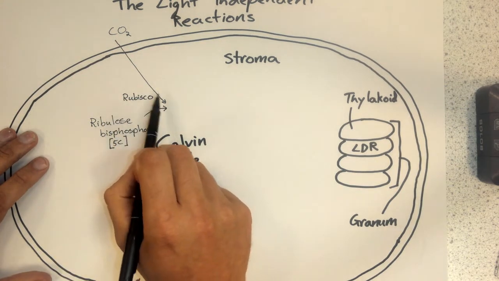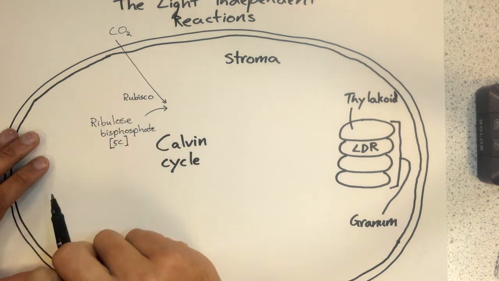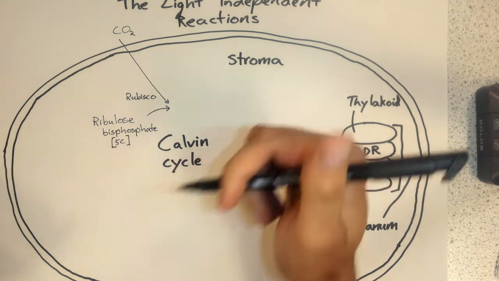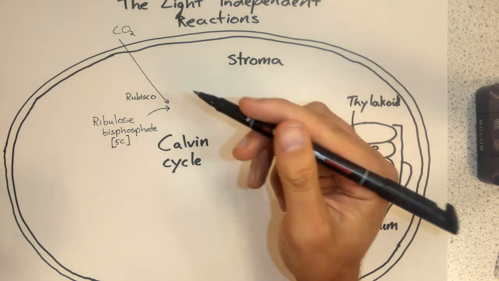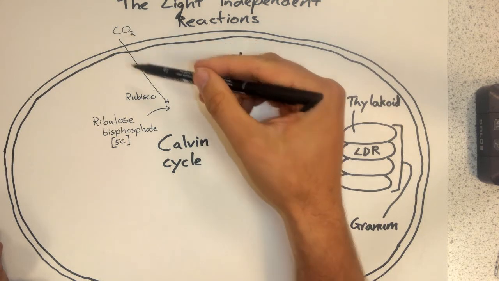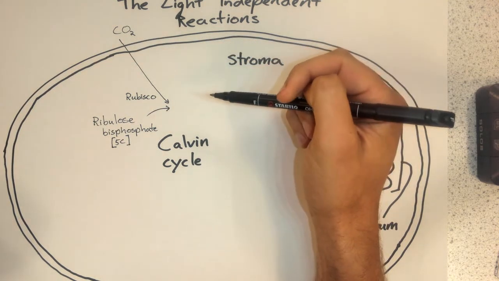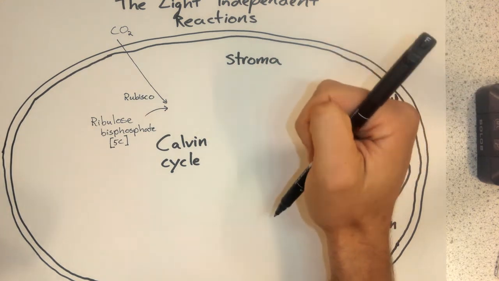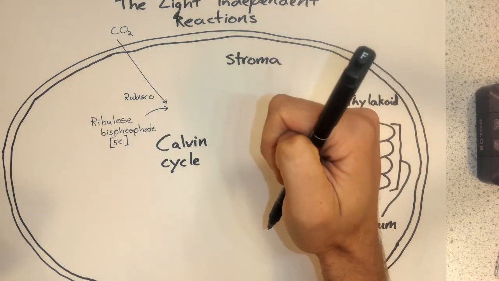This enzyme is the most abundant protein in the whole world. Why? For 2 reasons. One, it does a really critical job capturing carbon and fixing it in biological molecules from carbon dioxide. And 2, because in a way it's very bad at its job.